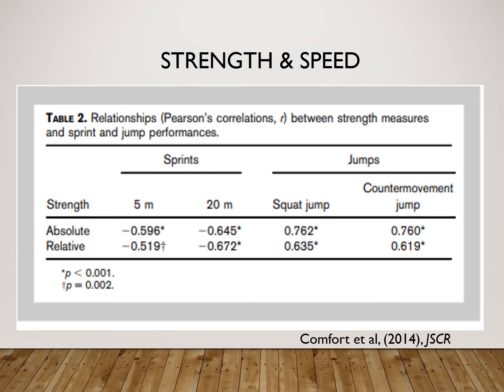So not only strong correlation in the jumps, both squat jump and counter movement jump, but also strong correlation with the sprint times that they assess here, just demonstrating how both absolute and relative strength can then translate to performance benefits for speed and acceleration.